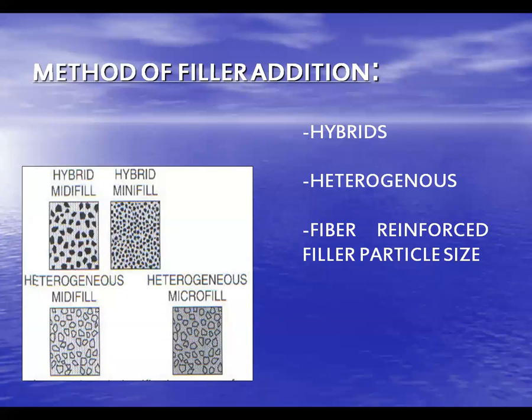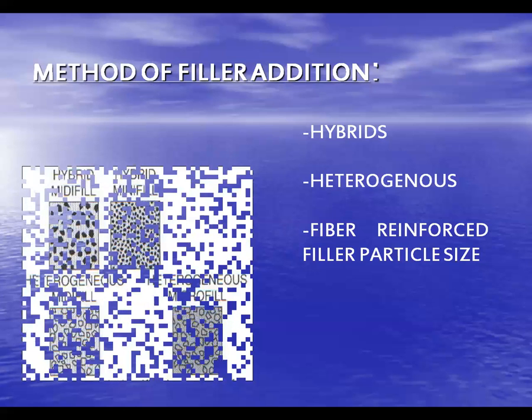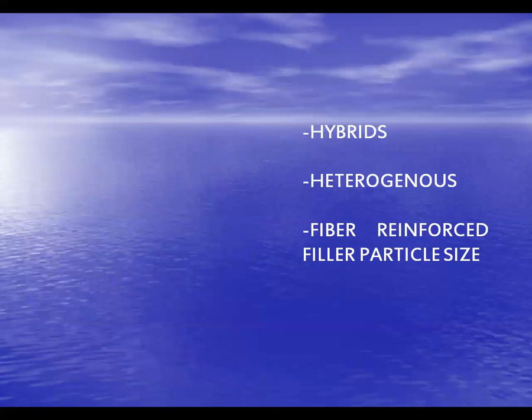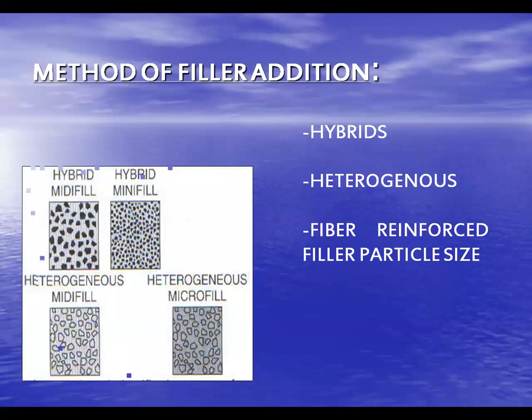Like it may be a macrofill and midifill, it may be a microfill and minifill. So if suppose there is a combination of macrofill and midifill, right? So you have to write down this midifill hybrid. And if it is a combination of midifill and minifill, then you have to write the minifill hybrid. So you have to write the particle which is having the higher diameter.